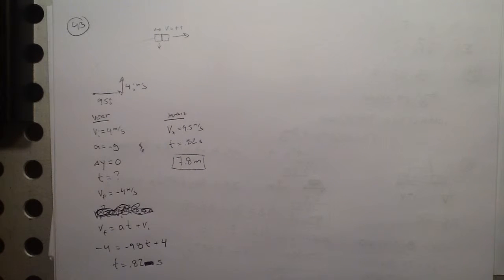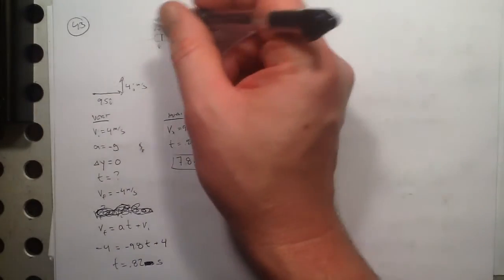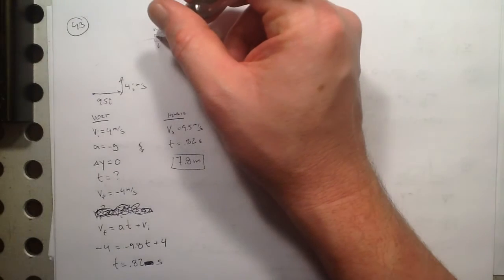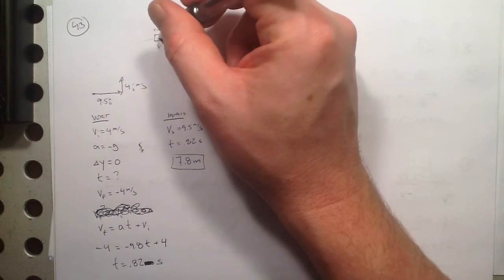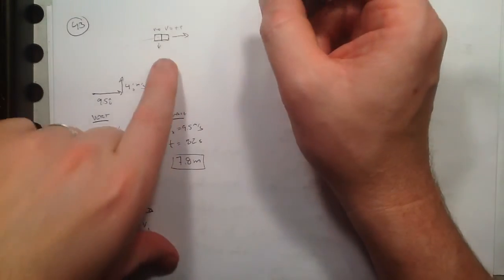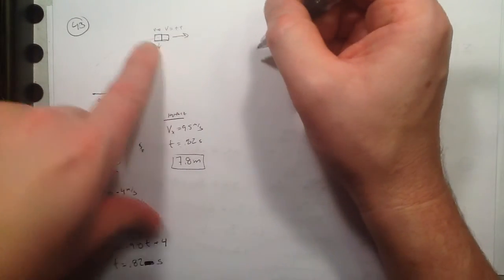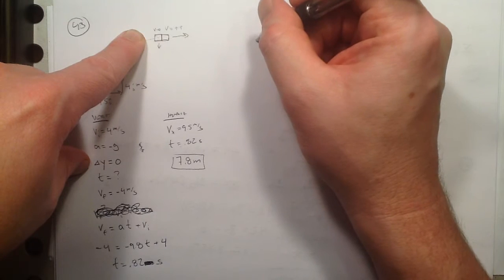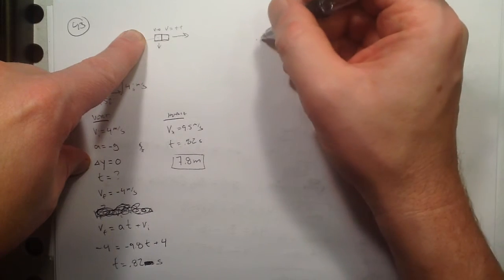Now we need to figure out how far we're going to go if we eject them at the top, according to this. So at the very top of the flight, the velocity is horizontal, right? So let's see.